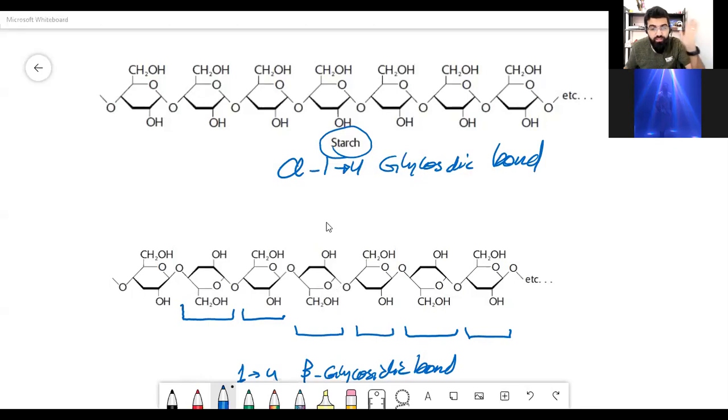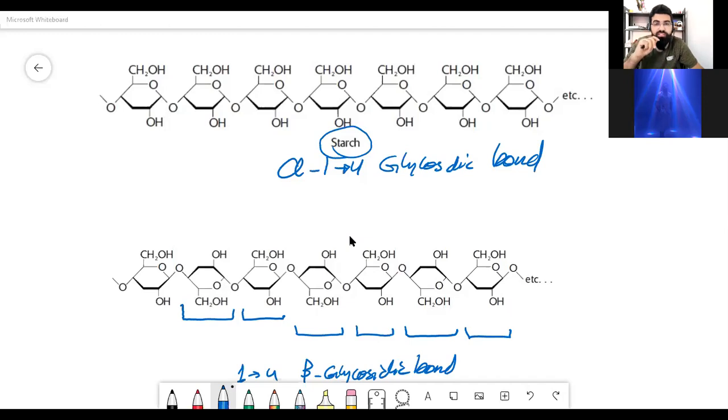Some animals, cows and others, have the enzymes, or actually they don't, they have bacteria. These bacteria digest these beta bonds. So cows and other animals have a symbiotic relationship with bacteria in their guts to break down the beta glucoses.